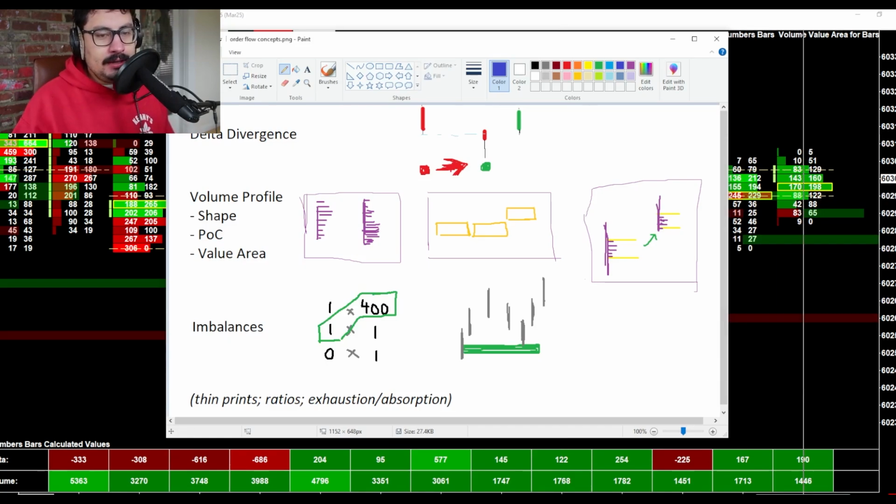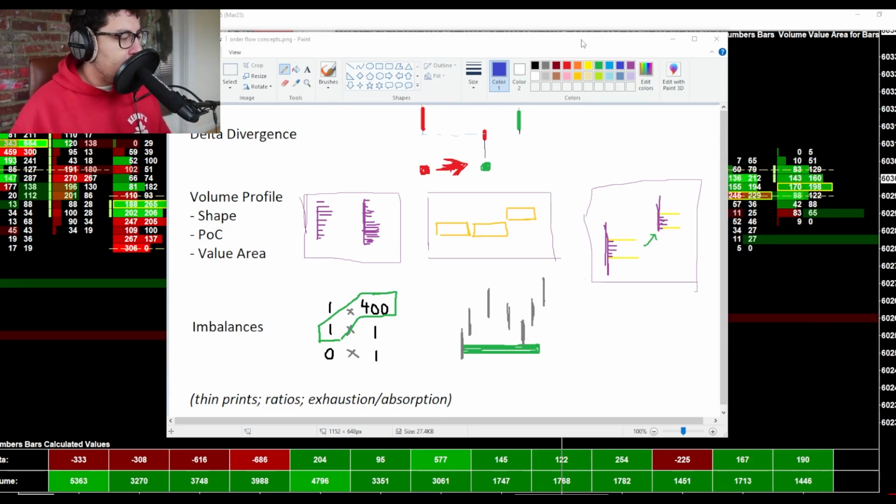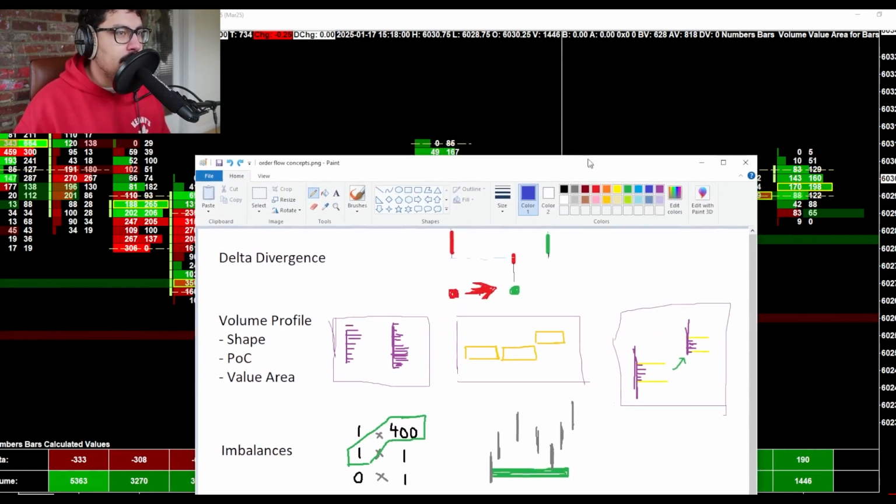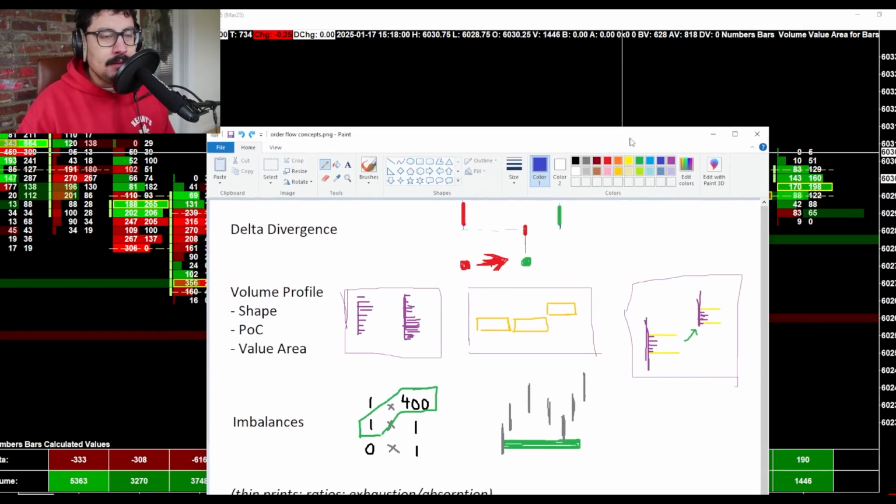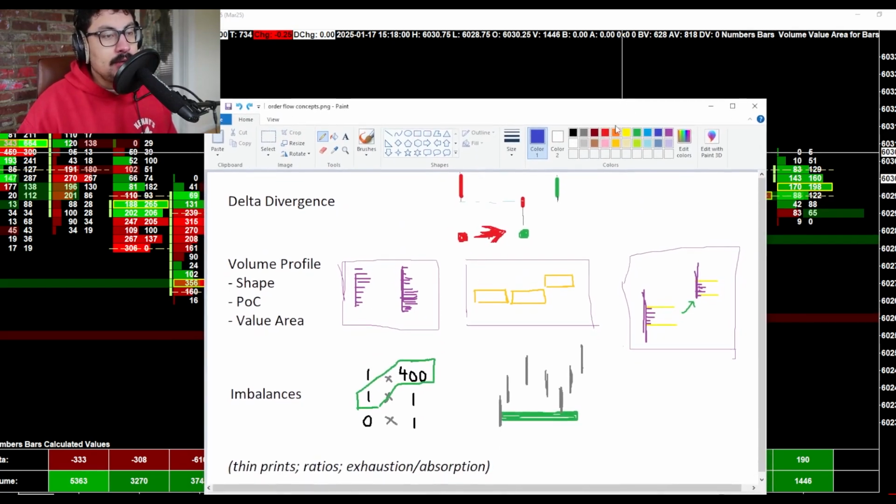Yesterday was Friday, the 17th of January. I can only look at MES right now because I don't have the full data for Sierra Chart, but there was a lot of good supply and demand-ish stuff going on in MES.